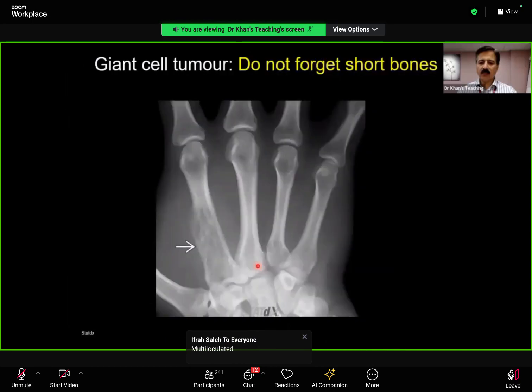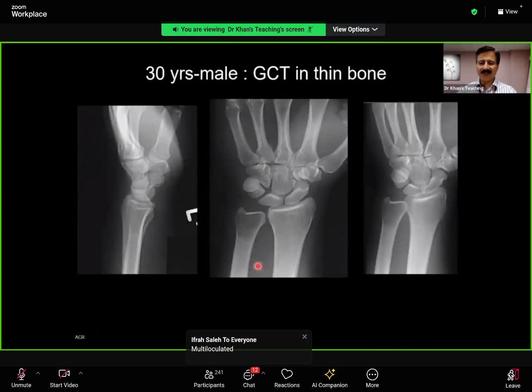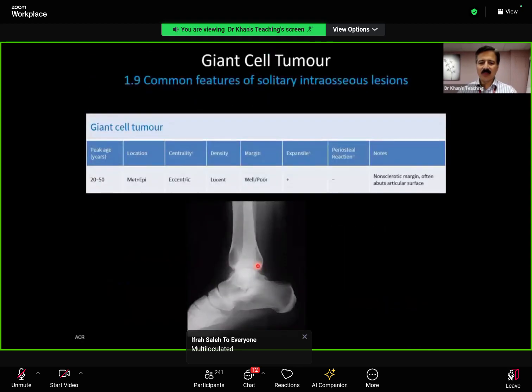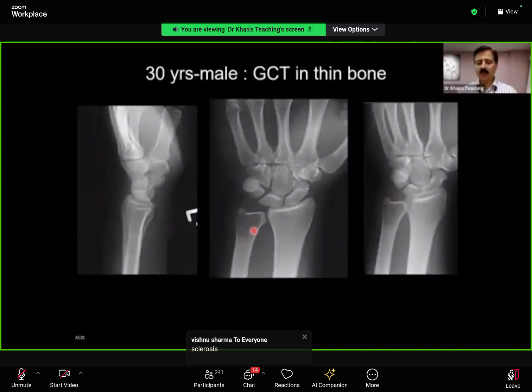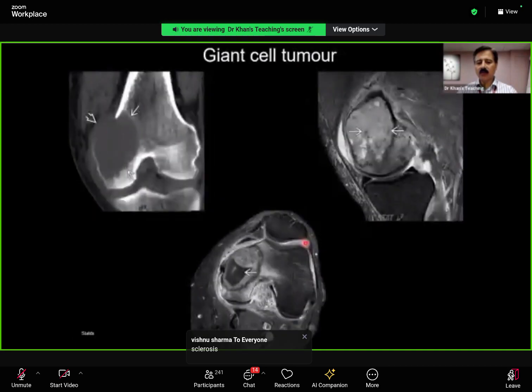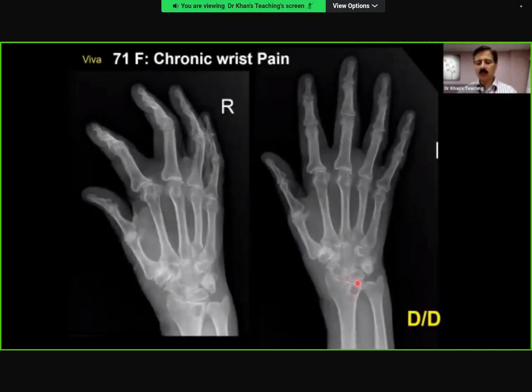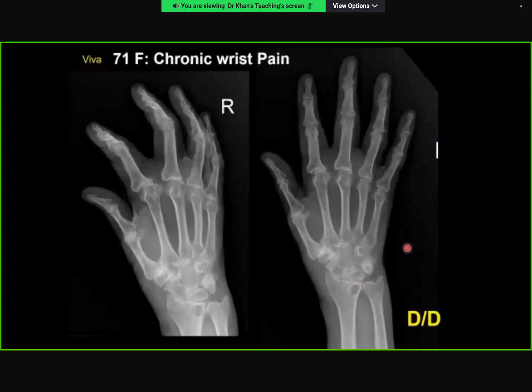Giant cell tumor, look at the notes. Non-sclerotic margin. Right? A classical giant cell tumor will have a margin which is non-sclerotic, and in your case, there is a bit of sclerosis. So that is another parameter.